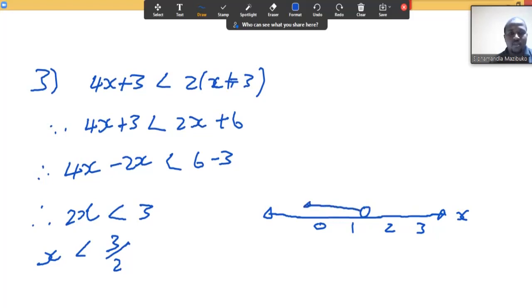Because x is not included, it's just x less than 3 over 2, we're not shading it, we leave it open.